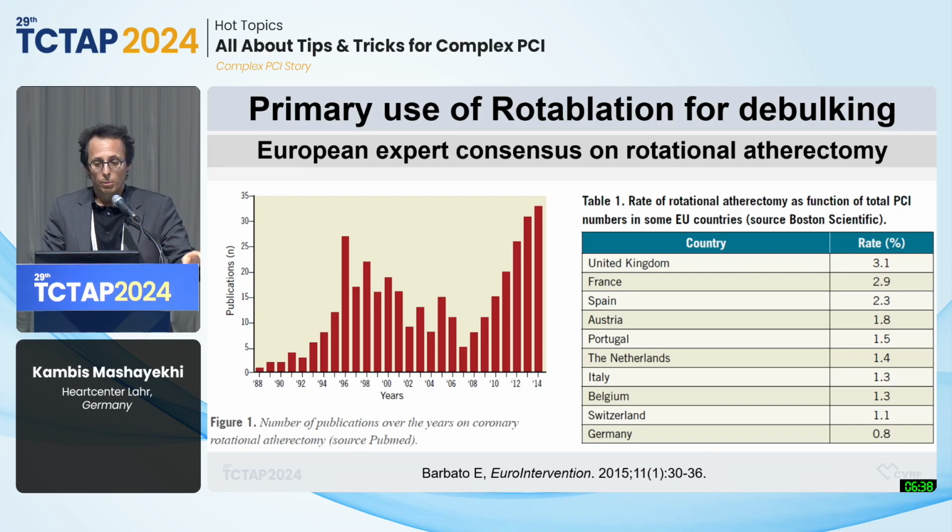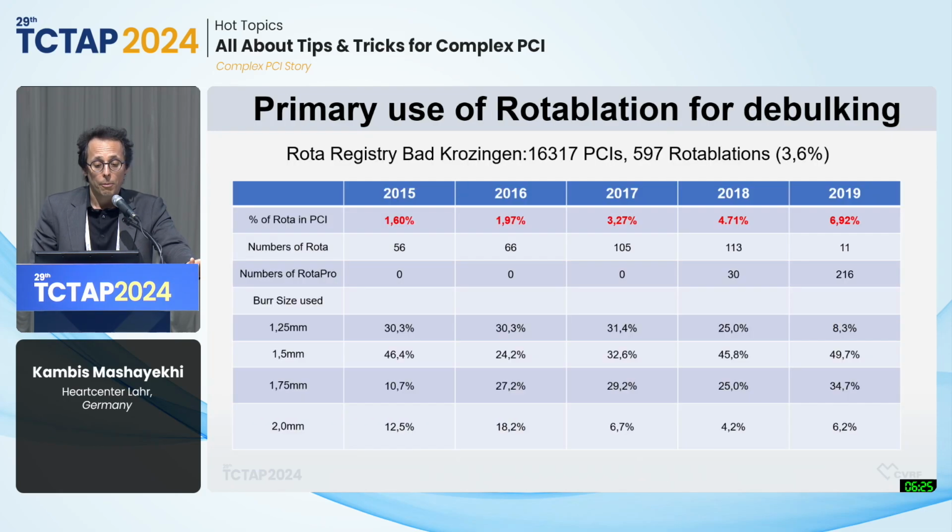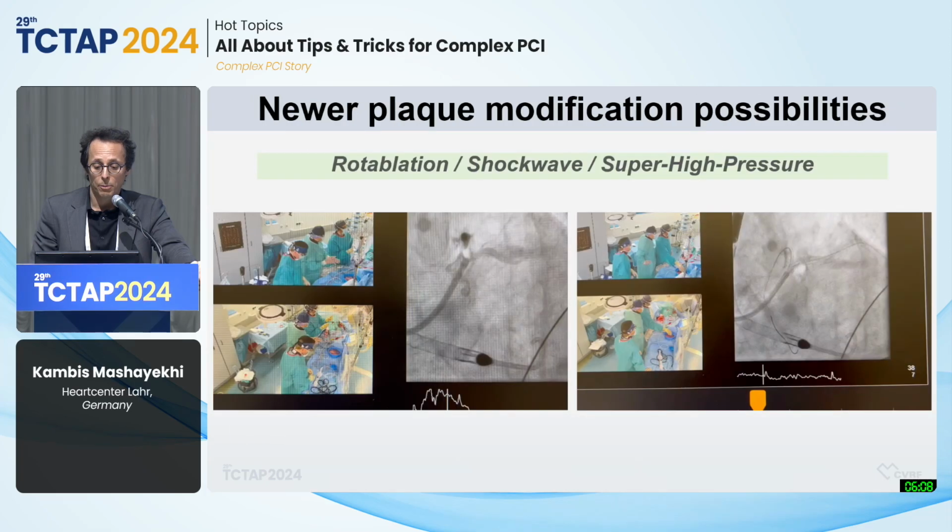Well, the use of rotablation, those are a little bit older data from the last European expert consensus paper on rotational atherectomy, is between 0.8 to 3.1% in Europe. So from 2015, we looked at our large database up to 2019. What we could see is an increase of the atherectomy device usage for debulking, as you can see, up to 6.9%.